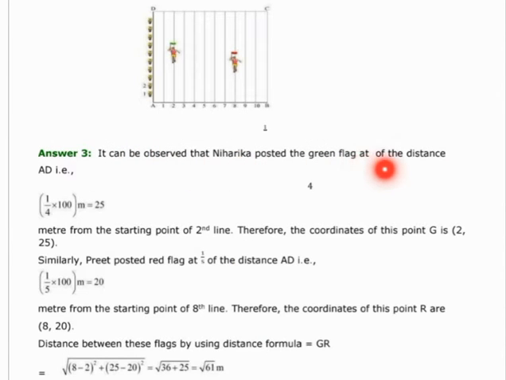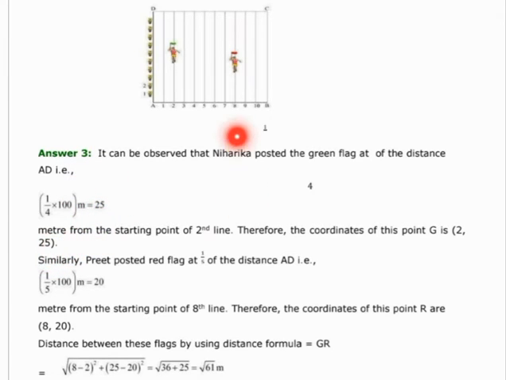Now Niharika posted the flag at 1/4 distance. So 1/4 of AD, total AD distance is 100 meters. So 1/4 of 100 is 25. And she is running in the second row. So coordinates will be (2, 25). 2 for the second row and 25 is the distance on the y-axis.